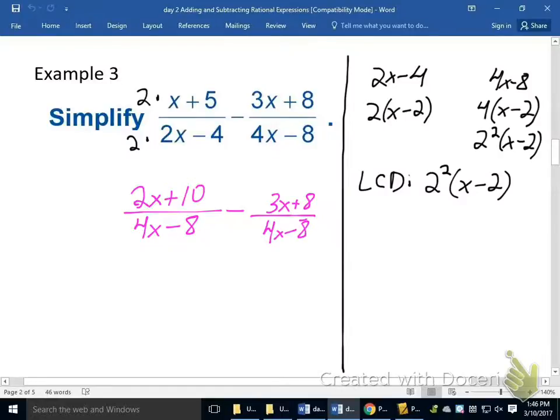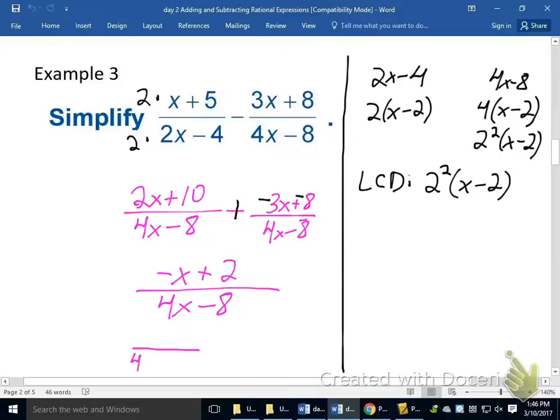A step I like to do is I like to change the subtraction to the addition by changing both signs on the numerator. Now I'm ready to combine these. So I'm going to get negative x plus 2 over 4x minus 8. Now, I'm actually going to reduce this further because, like I said, if possible, you should reduce it.